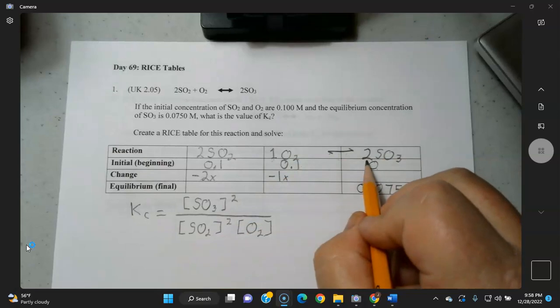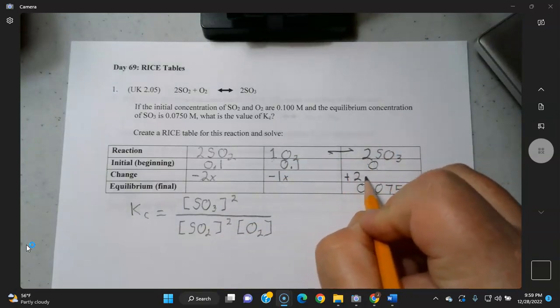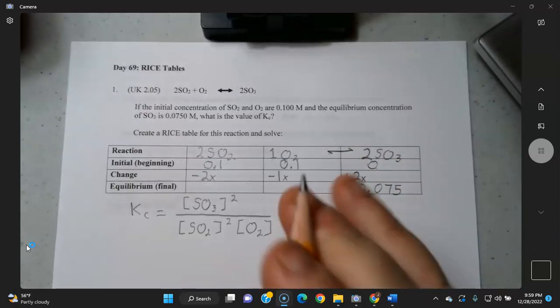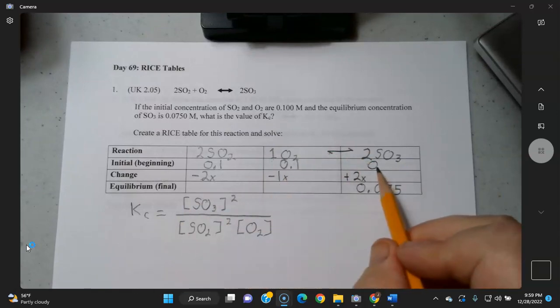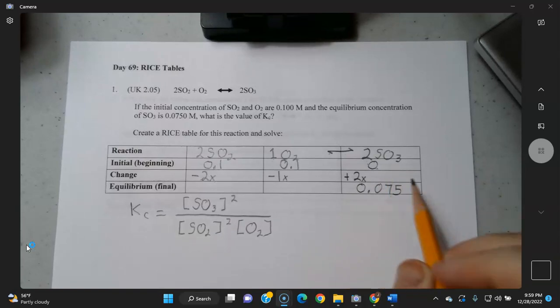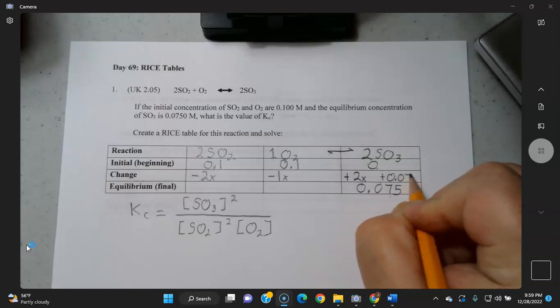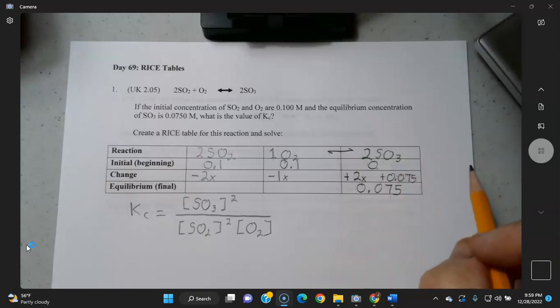And over here, there's a 2, and now this is on the product side, so it's a plus 2x, like that. Okay, so it's almost like a little puzzle. What can you figure out? What can you fill in? Well, we started at 0 here, and we ended up at 0.075 here, so the change must have been positive 0.075. Again, this plus this equals the equilibrium.